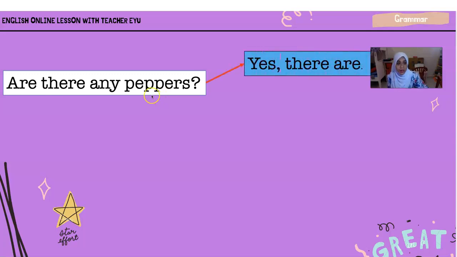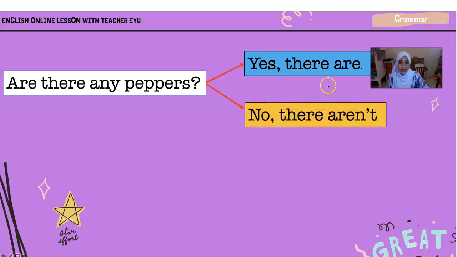Alright, so this is how you can answer the questions. Number 1, yes, there are. Kalau ada, yes, there are. If the answer is no, then no, there aren't. Similarly to the previous structure, when the question starts with are, then the answer also are or aren't.